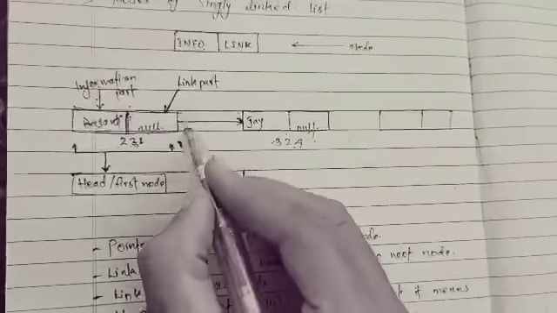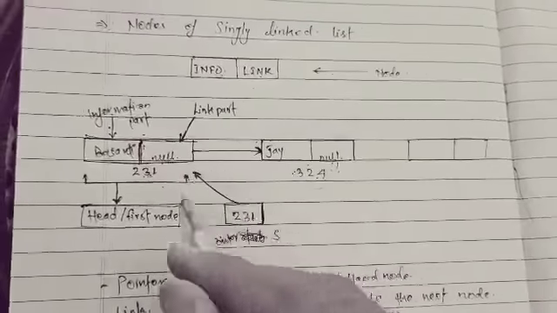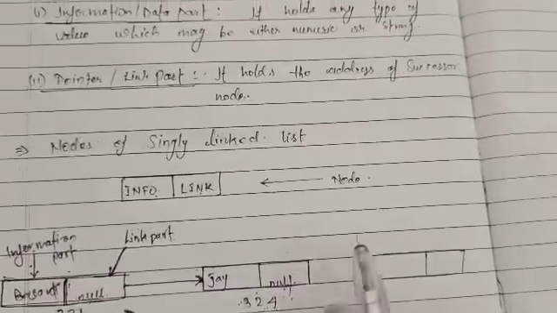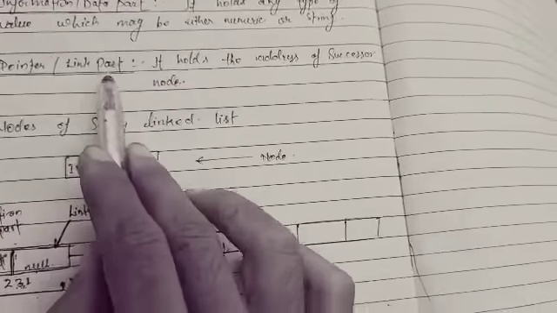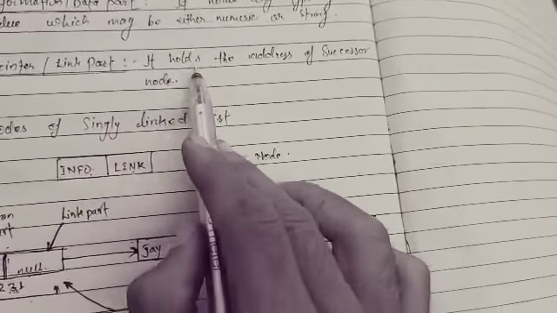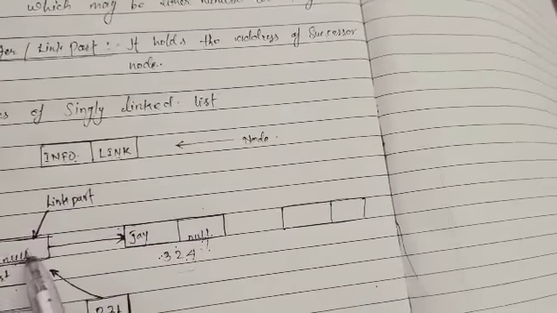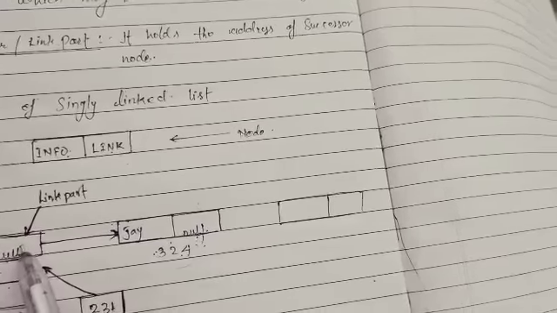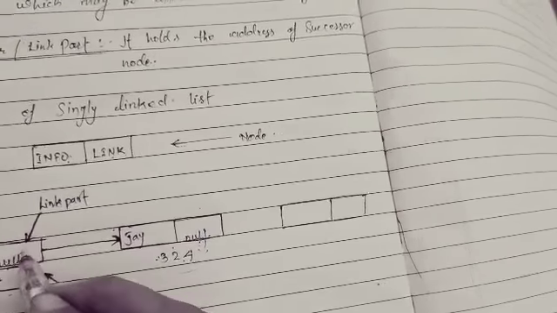As we studied above, the link part holds the address of the successor node. It means this link part will hold the address of the successor node.